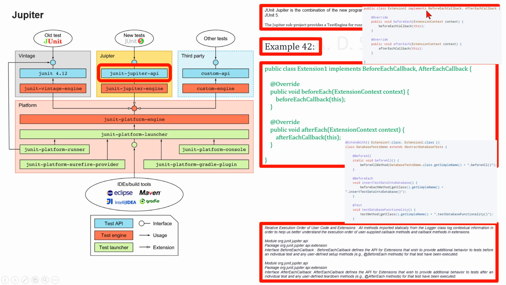Extension 1 is therefore said to wrap Extension 2. JUnit Jupiter also guarantees wrapping behavior within class and interface hierarchies for user-supplied lifecycle methods.